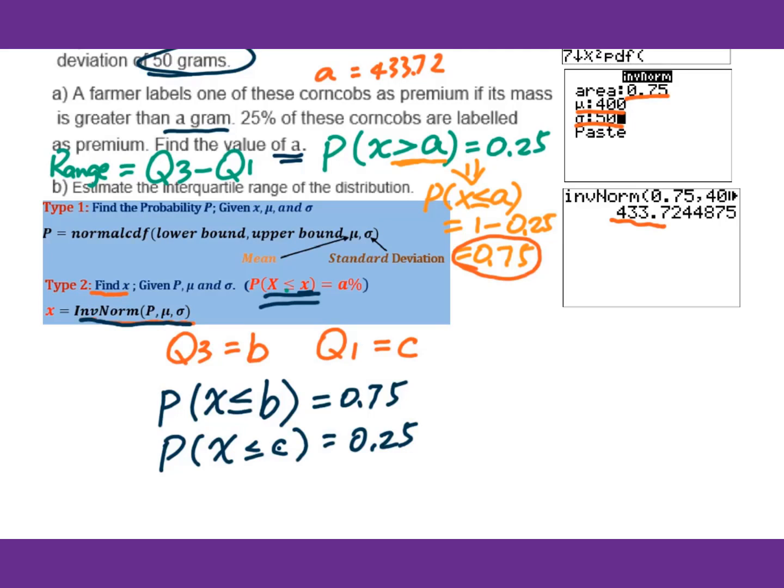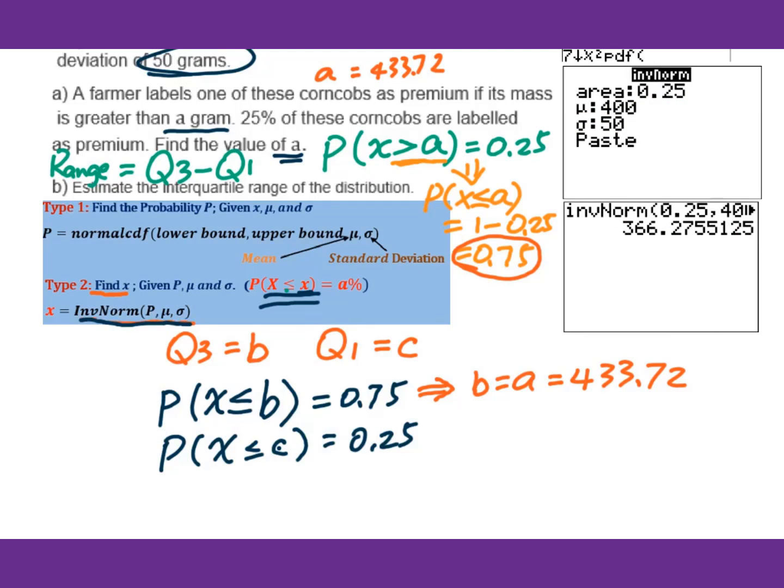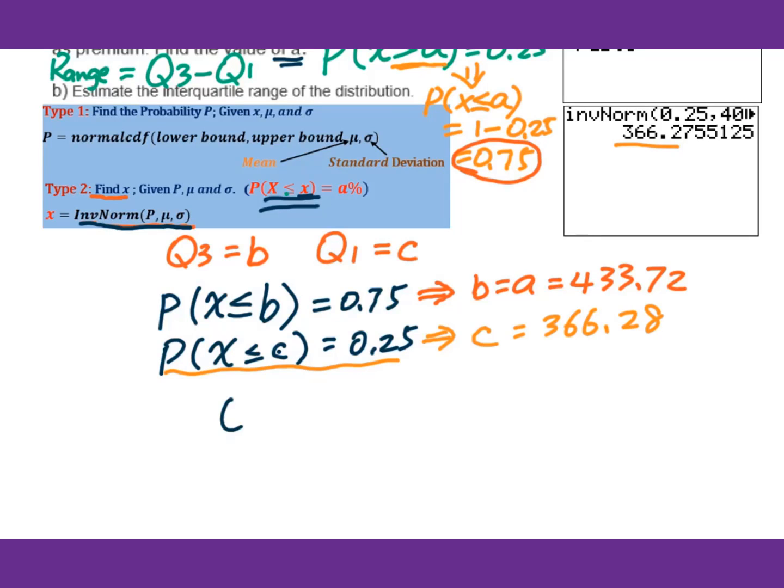For this 0.75, we already got B equals A equals 433.72. Then you put this into the calculator like this. You will get C equals 366.28. Then you do subtraction.